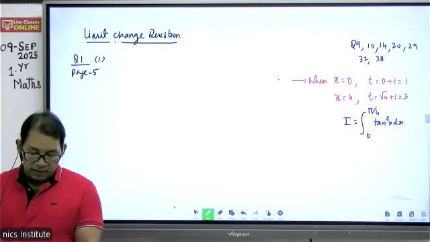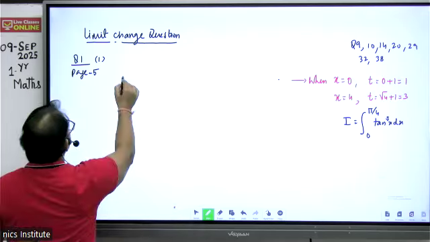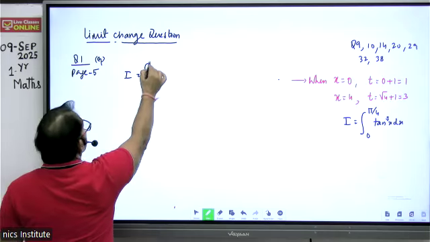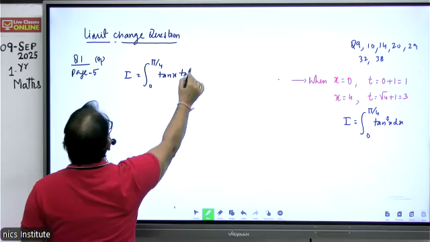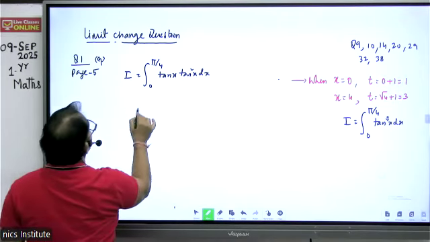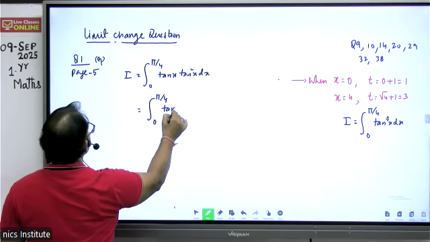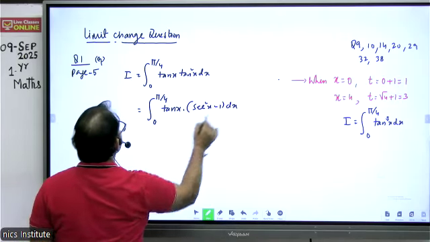I've sent you the assignment again. So this is tan cube x, 0 to pi by 4. So you can break it into tan x into tan square x dx. But for tan x, you need to have its derivative with you so you can make substitution. So convert tan square x into sec square x minus 1 dx.